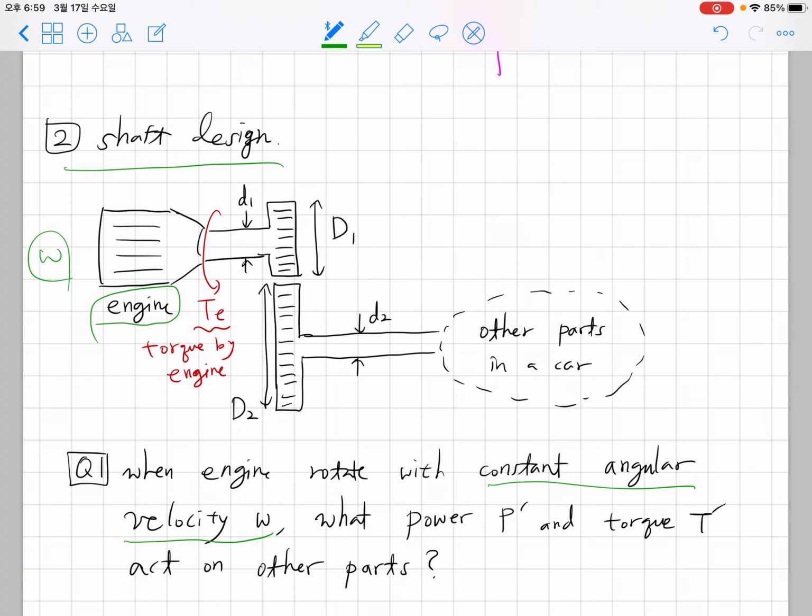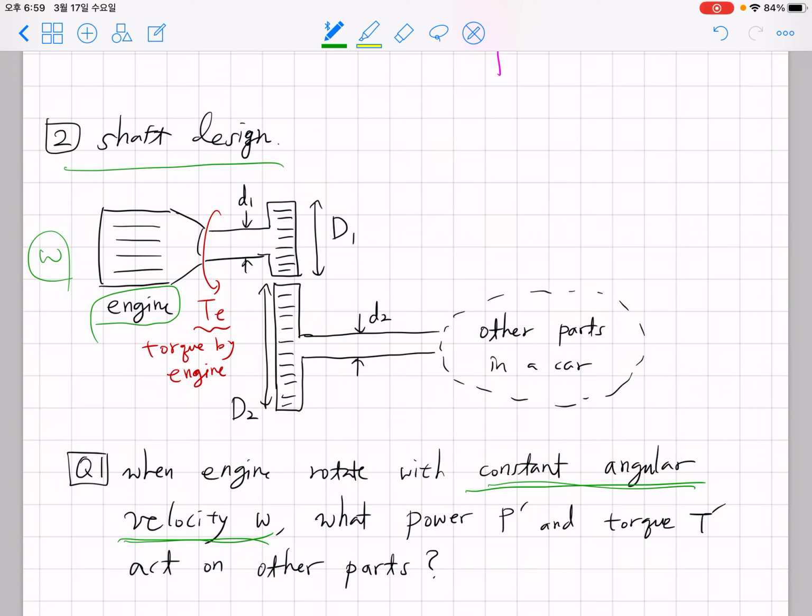By limiting the problem to constant angular velocity, the angular velocity is not increasing or decreasing, so mechanical equilibrium holds, the force or torque sums up to zero, and by making that mechanical equilibrium assumption, you can make the problem mathematically simpler. So that's the idea behind the constant angular velocity here.